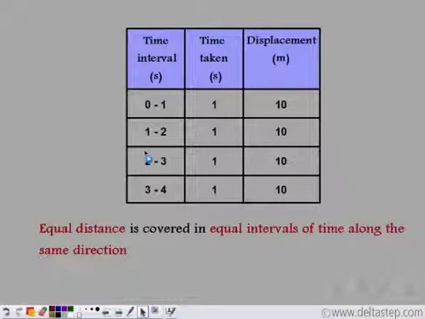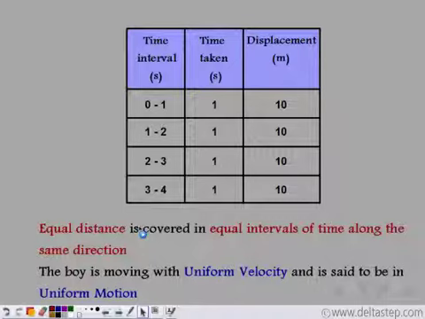So the direction is the same, that is, displacement is always in the positive direction, and displacement by time gives us velocity. So we say that velocity is the same for each time interval. Hence we conclude that the boy is moving with uniform velocity, and when something is moving with uniform velocity, it is said to be in uniform motion. So the boy is moving with uniform velocity, that is, with a constant velocity throughout the journey.